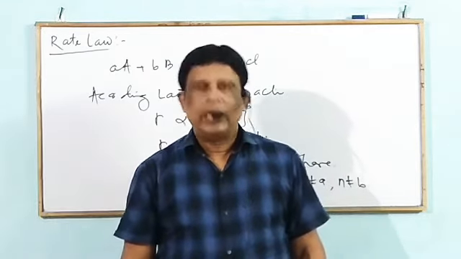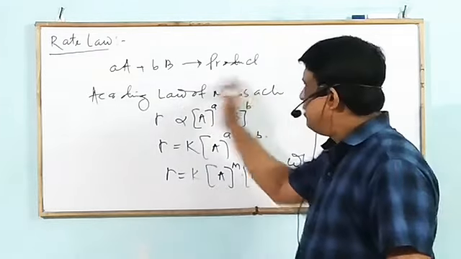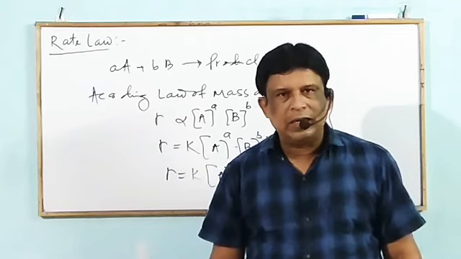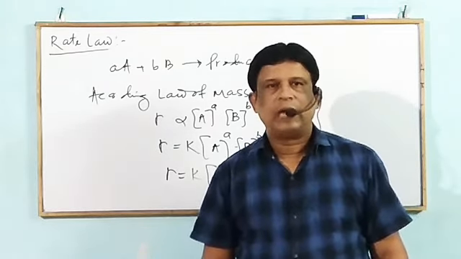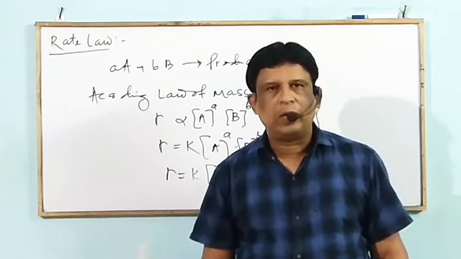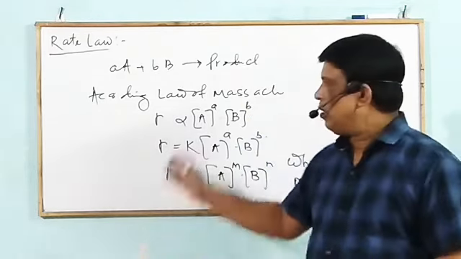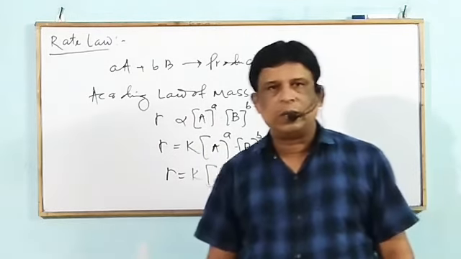That's why it is an experimental phenomenon. So by observing a simple balanced equation, no one is able to represent what the rate law expression is, as it is based upon experimental phenomena. But if it is a simple reaction, then the law of mass action is equivalent to the rate law expression.